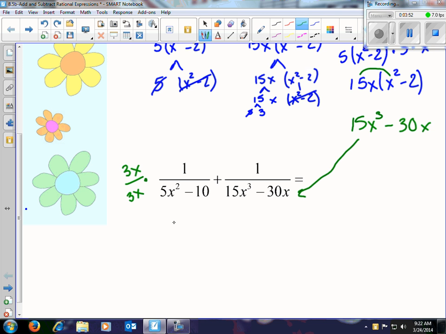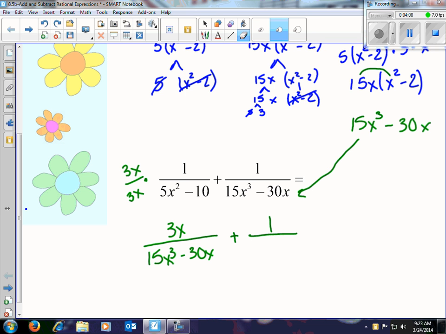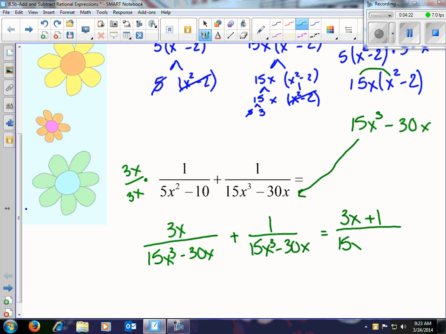So my first equation is going to be 3x over 15x cubed minus 30x, and that's already this denominator, so it's just going to be plus 1 over 15x cubed minus 30x, which is going to be equal to 3x plus 1 divided by 15x cubed minus 30x.